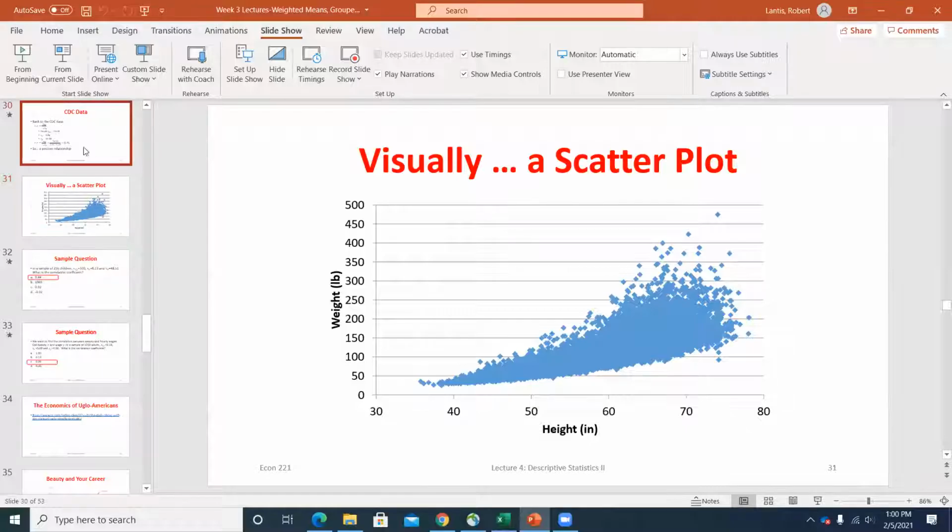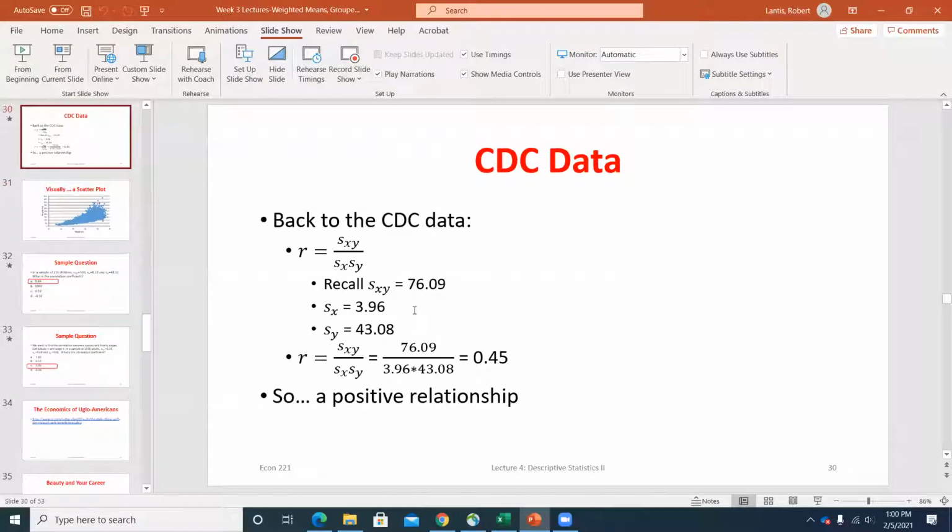So let's go to where we left off, which was that height weight data. We talked about how once we've calculated the covariance and we have our standard deviations, it's as simple as plugging them into this equation. So take our covariance and divide it by both standard deviations.